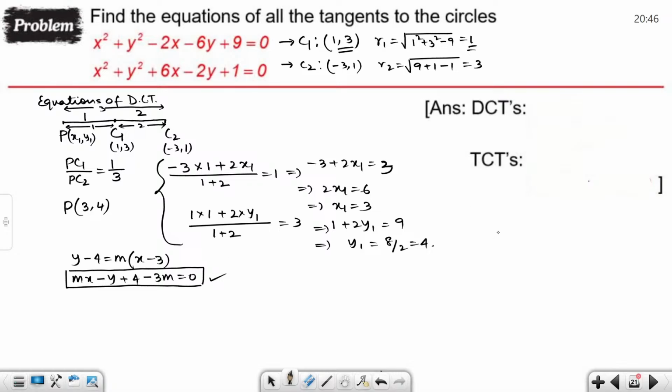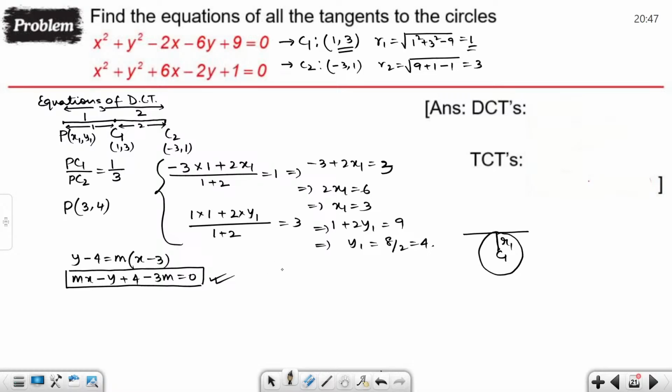Getting my point? If this is the circle whose center is at C1 and this is the tangent whose equation is this in terms of m, so from the center, if I draw a perpendicular, this perpendicular distance will be nothing but its radius r1. Am I correct?